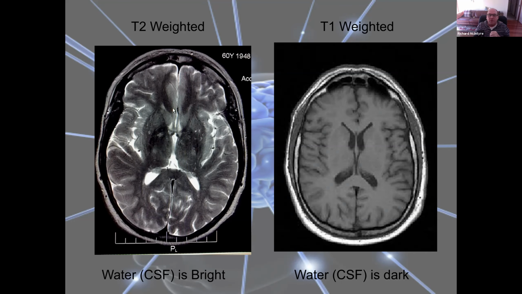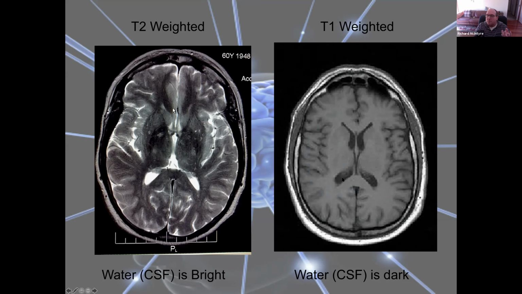So we have different, what we call weightings. We have T2 weightings. You can see there the fluid is bright. So that CSF that we've talked about, that fluid is bright, so it stands out. These are poor resolution images, I'm afraid, but we'll get to good ones. And this is called a T1 weighted image.